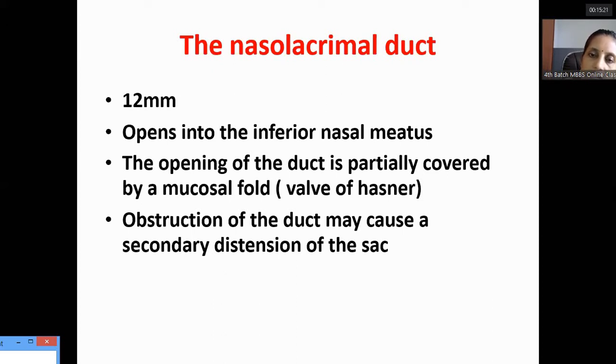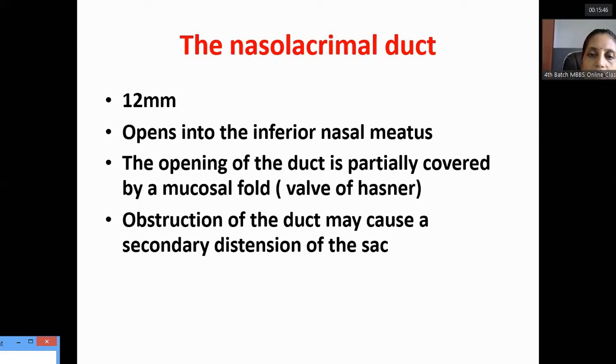So the tears start to pass and this valve of Hasner, this fold, opens. But in some conditions, this partial covering is thicker so that it may not open. So the parents will bring the child with the complaint of watering, and if it is long-standing, it can also be associated with discharge.